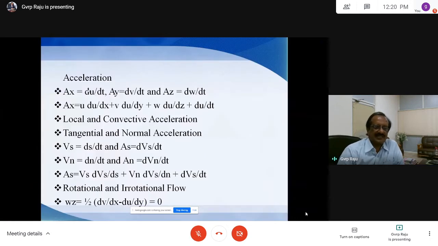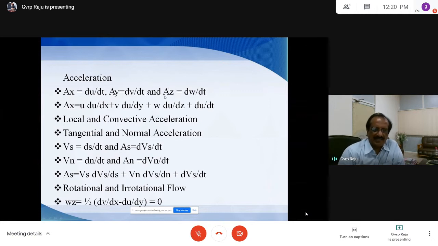The change of velocity in the x direction is du by dt. So the change of velocity in the x direction by time, as time tends to 0, limit dt tends to 0. And the change of velocity in the y direction is dv, so dv by dt, limit dt tends to 0, is the acceleration in the y direction.